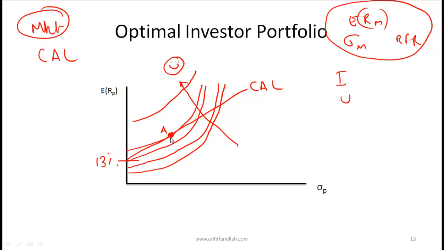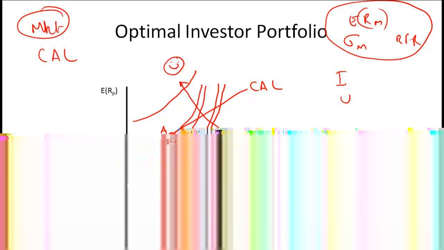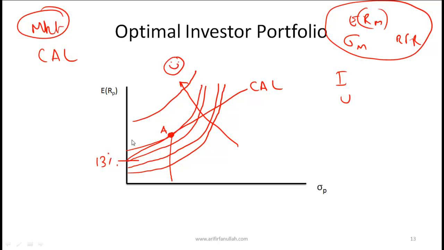So we find the point A which puts him on the highest indifference curve, and it is also on the capital allocation line, which means that this portfolio is possible. So portfolio A becomes the optimal portfolio for our investor, and this represents the riskiness he is taking for that portfolio, and this point is the expected return on the optimal portfolio.